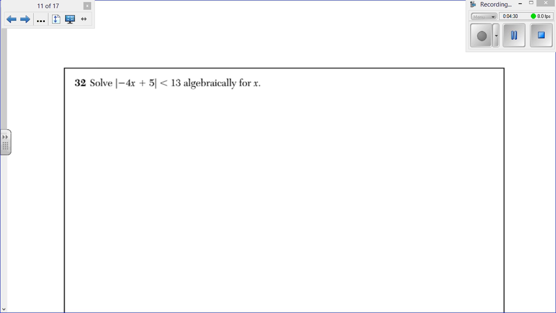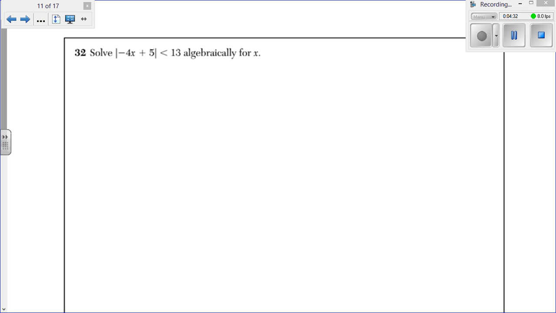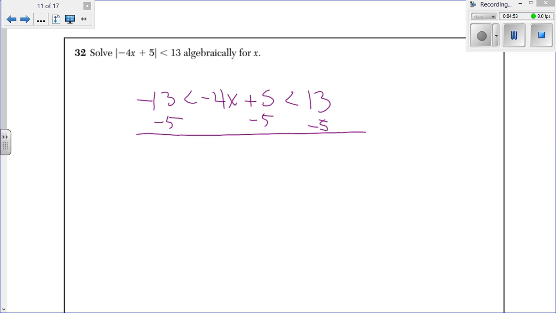Okay, for 32, solve. Remember, whenever you have an absolute value, you have to solve 2 inequalities. This is a less than, so we can turn it into one compound inequality. So it'd be negative 13 less than negative 4x plus 5 less than 13. So we're going to subtract 5 everywhere. So we'll get negative 18 less than negative 4x less than 8.